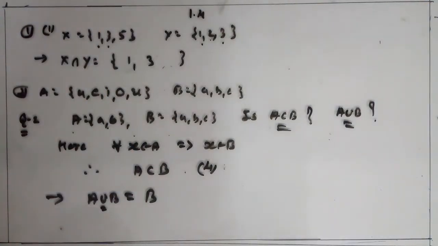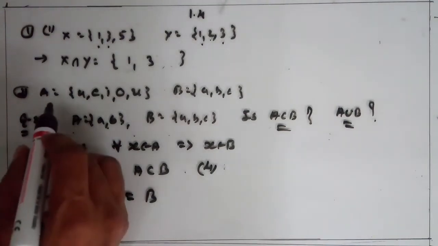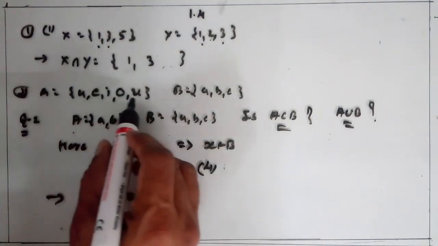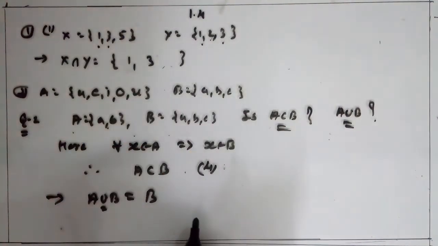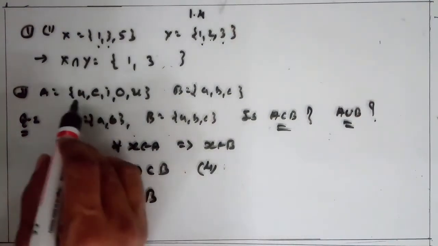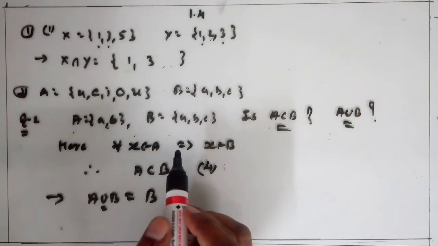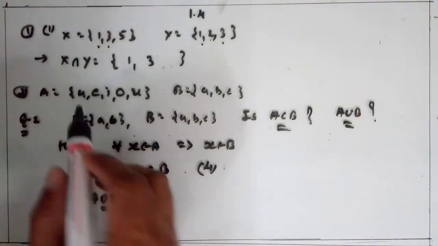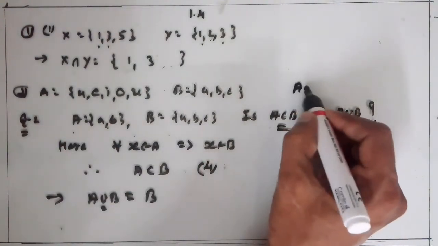Clear? Number 2. A is equal to {a, e, i, o, u}. B is equal to {a, b, c}. Then think about the intersection of A and B. What do you say about this intersection of A and B?